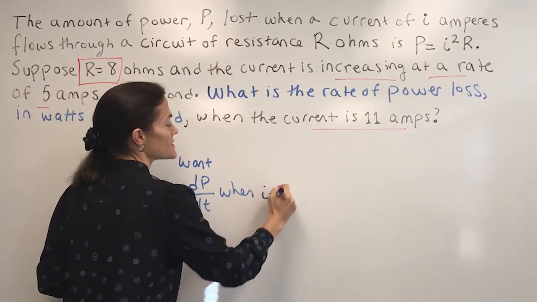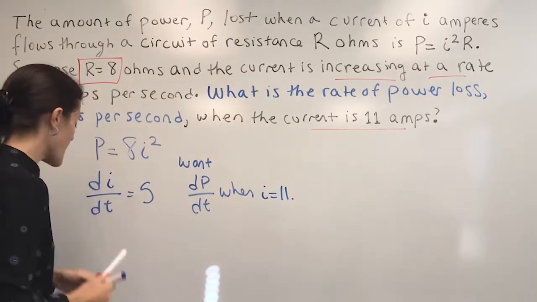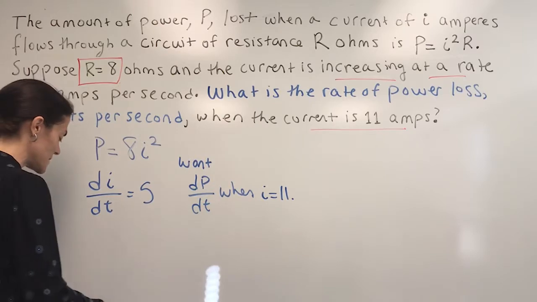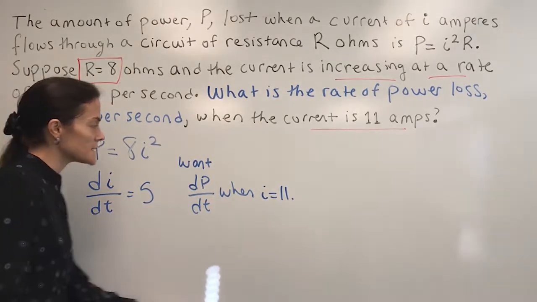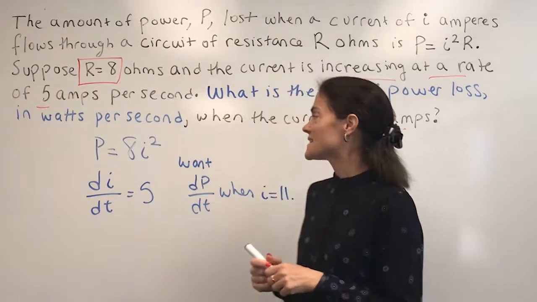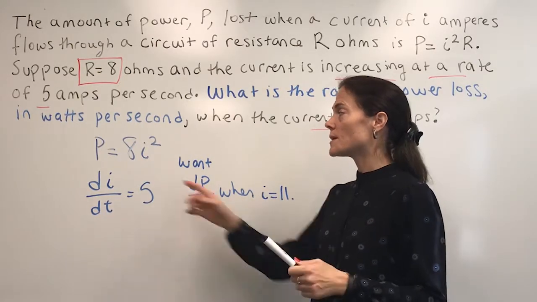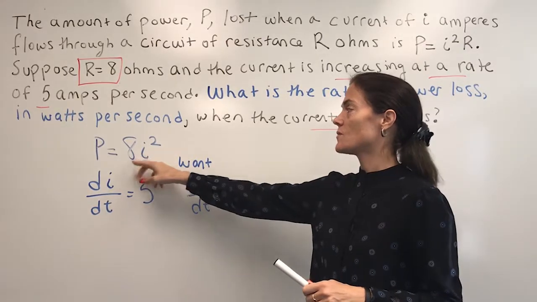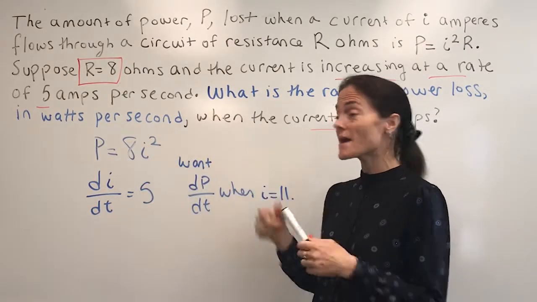So I is 11. Okay, so this is everything in this paragraph spelled out into equations, and we're going to use the fact that this is a chain rule problem because you see I is a function of time and P is 8I squared.